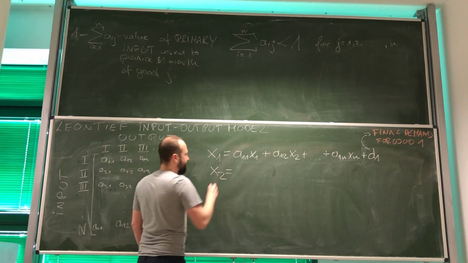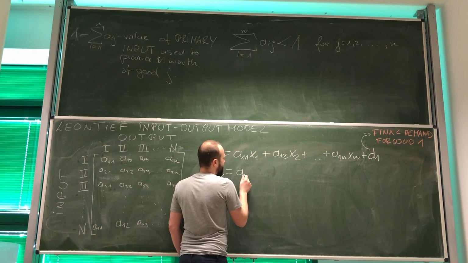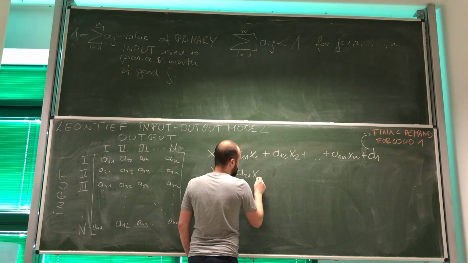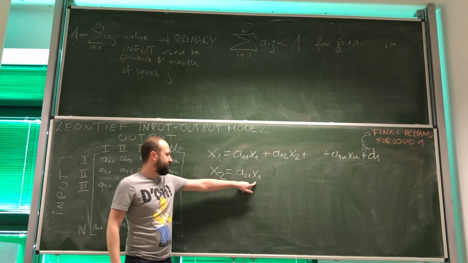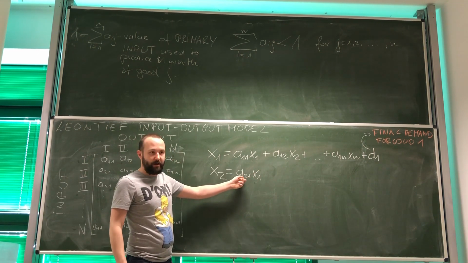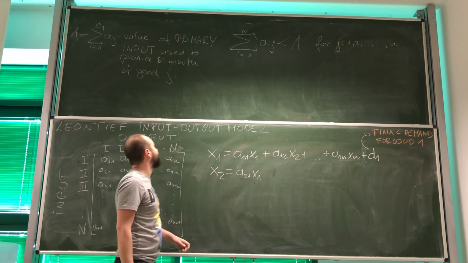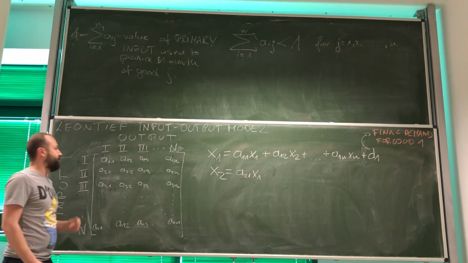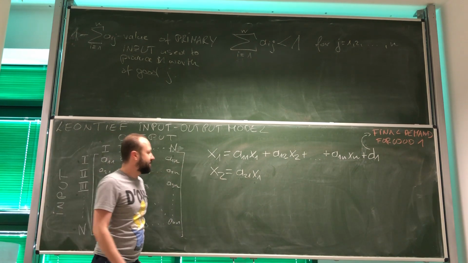When we produce good 2, part of it goes to the production of good 1. The more we produce of good 1, the more is required, and of course, it's given by the technical coefficient from the input coefficient matrix. The more we require of x2.